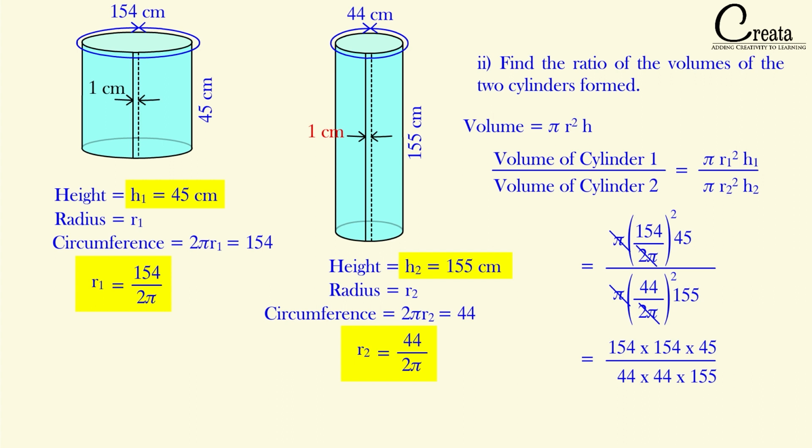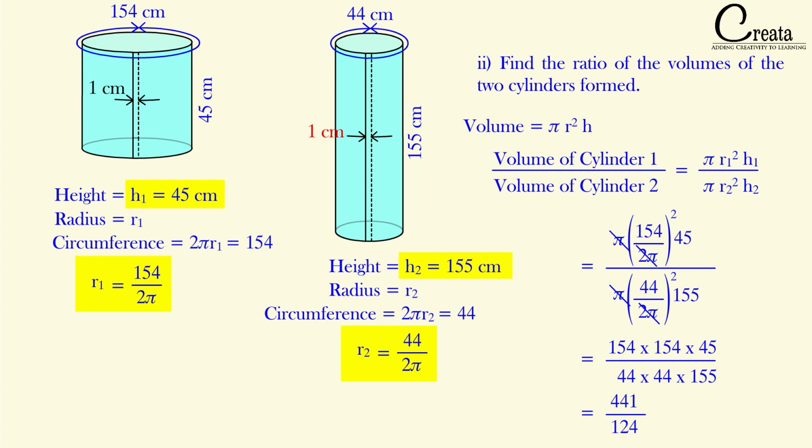On solving, we got the answer as 441 upon 124. I am not going into the detail of the solving, but you can solve it. You can cancel out with 2s, 3s and 11s. We got the answer as 441 upon 124. That is the ratio of the volumes of both cylinders, volume 1 upon volume 2. That is the answer of the question.